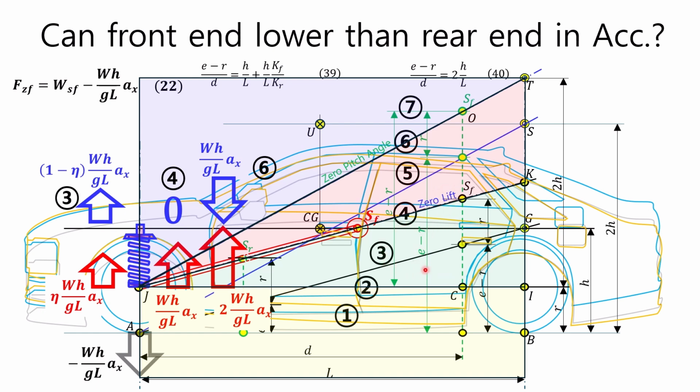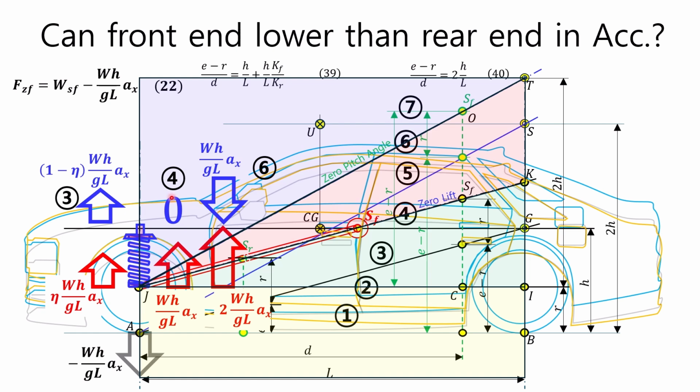In this case, as shown in figure 3, both the forces on the suspension links and the vertical dynamic load acting on the springs act vertically upward. These forces are tension forces on the springs and links. Here, eta represents the ratio of the force acting on the suspension links to the total vertical dynamic load. In the case of figure 3, the eta value is greater than 0 and less than 1.